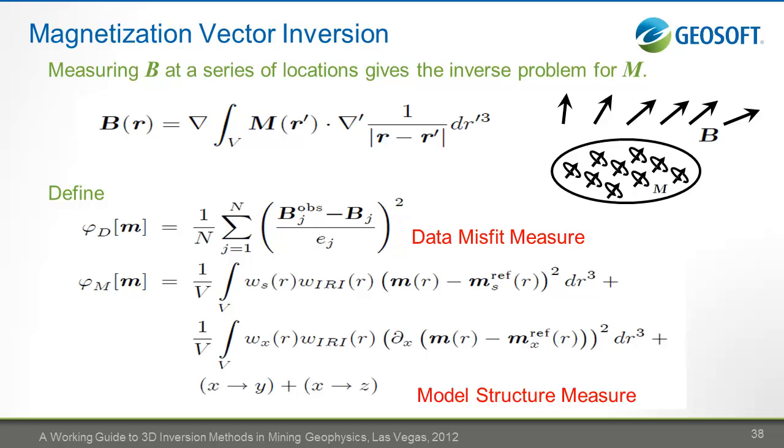We define two terms in that optimization problem: a data misfit, that is, given a current model, how close is the response from that model to the observed data. And then we also define a model structure measure, which says, given a particular model, how much structure does that model have? By optimizing the data misfit so that it's appropriate, and ensuring that the model has a minimum structure, we're able to produce a minimum structure inversion.